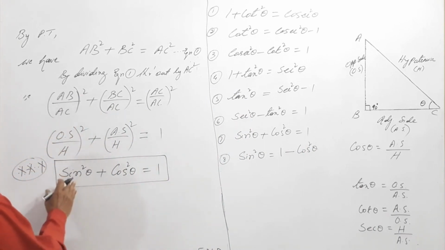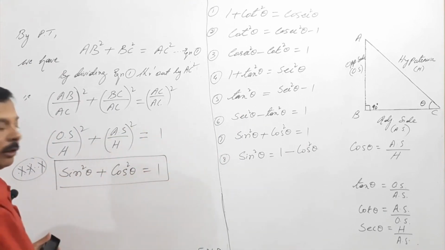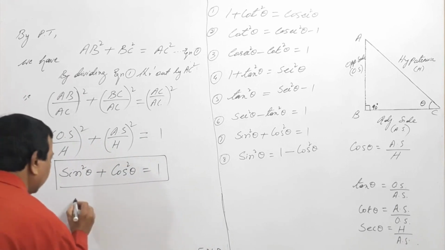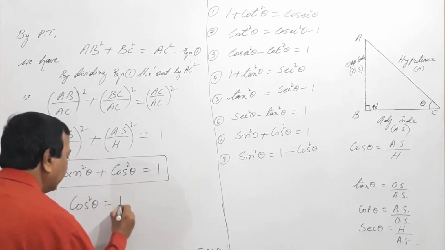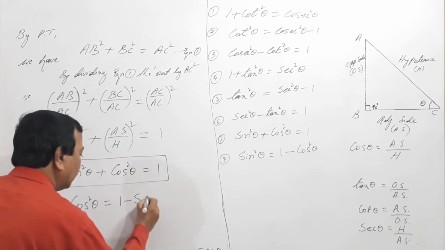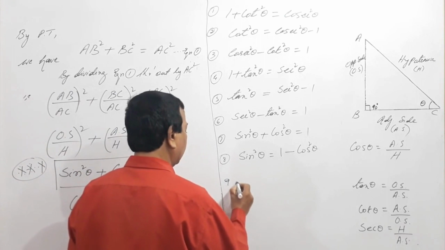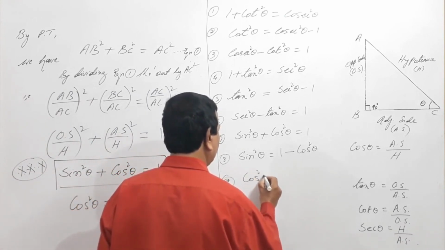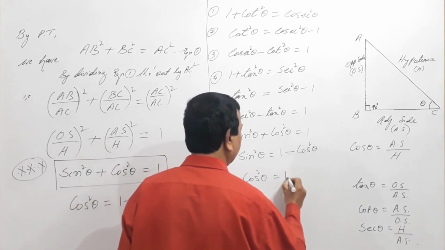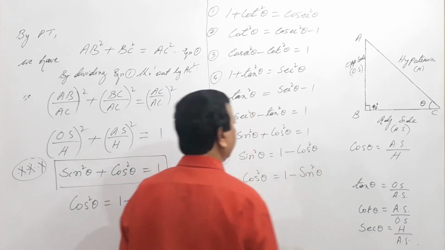Now this time what I'll do, I'll keep cos square theta on the left hand side and transfer sin square theta to the other side. So cos square theta I'll keep now, this becomes 1 minus sin square theta. So the 9th one is cos square theta equals to 1 minus sin square theta.